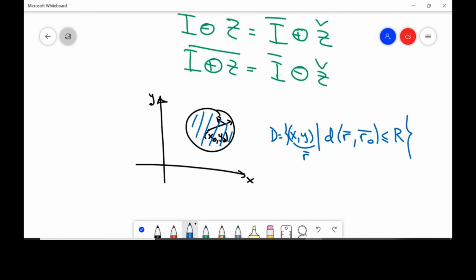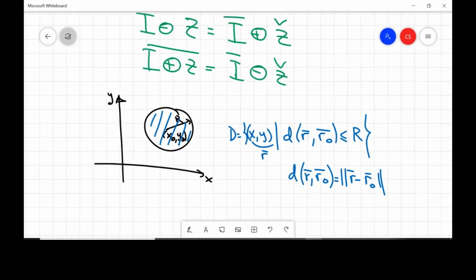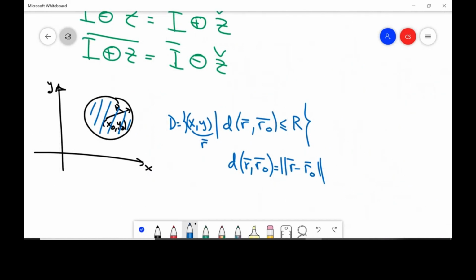And then, what is the distance between 2 points? The distance between 2 points is the norm of that vector, the difference between the two.